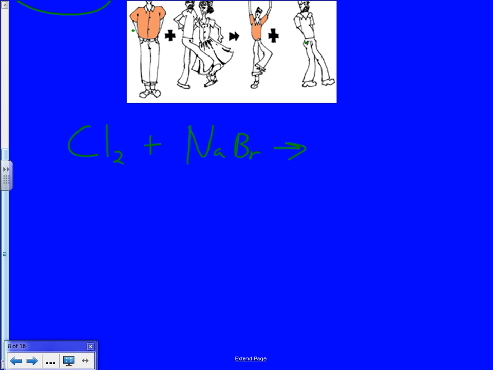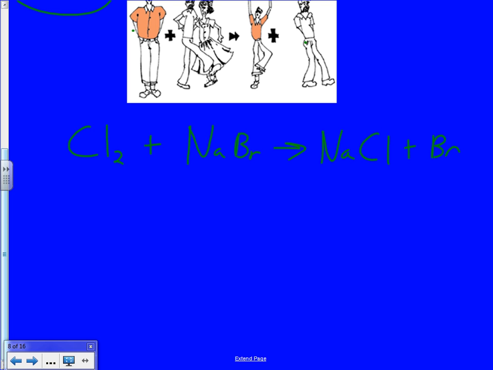So who's going to get bumped in this reaction? Sodium or bromine? Bromine. Bromine has to end up alone because it's a nonmetal, and the thing that's alone over here is a nonmetal. So on this side, sodium's going to end up with chlorine, right? And bromine's going to end up alone.